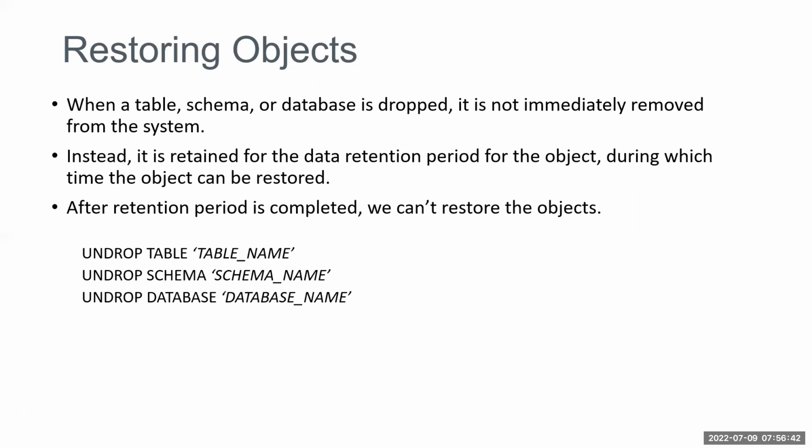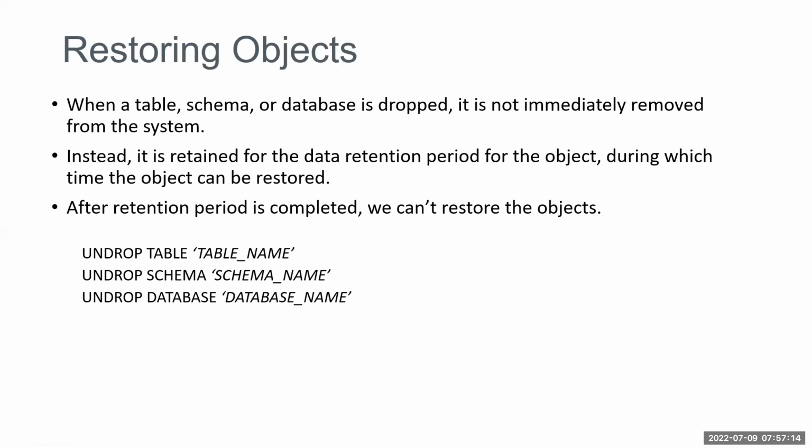And the statement to restore those objects is simple. Whenever you execute a drop statement, drop table, table name, it will not be completely dropped. Even though you cannot see the table in the UI, it will be stored in the storage. If you want to see the data again, you just have to execute one more command: undrop table, table name, or undrop schema, schema name, or undrop database, database name, whatever you dropped within the retention period.